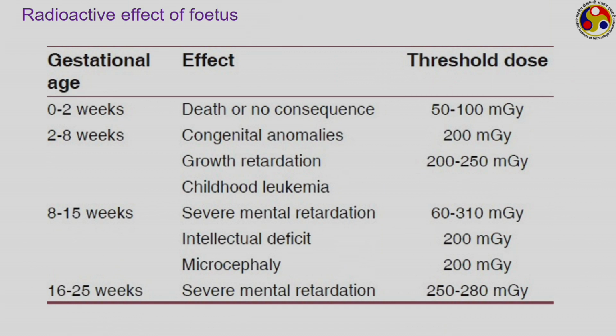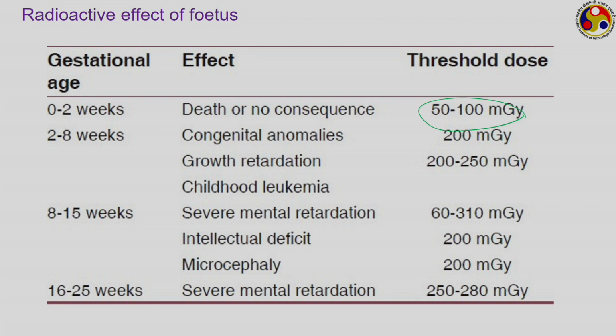The effect is even more stark for a fetus. Within a gestational age of 0 to 2 weeks, the threshold value is 50 to 100 milligray only, and the effect may not be very significant. However, between 2 to 8 weeks there may be congenital anomalies, growth retardation and childhood leukemia when subjected to 200 or higher milligray.